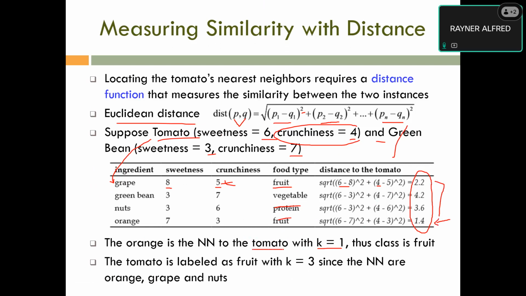The class will be fruits. However, if we take K equal to 3, that means we have fruit, veggie, and fruit, but the majority is still fruit. So for K equal to 3, the nearest values, 1, 2, 3, still give fruit.